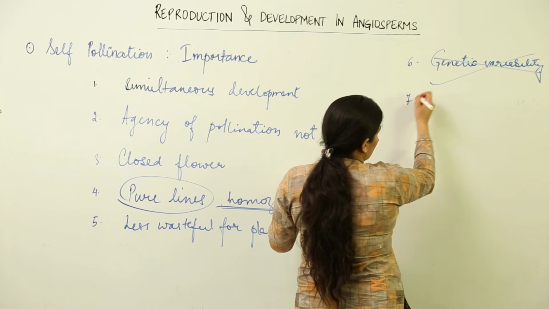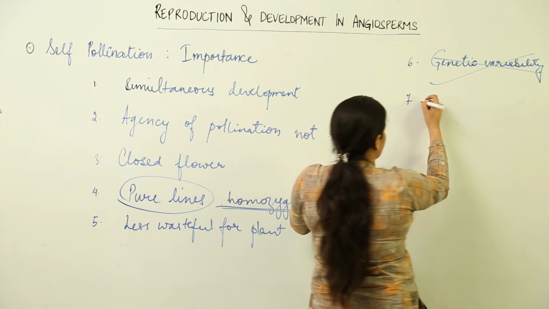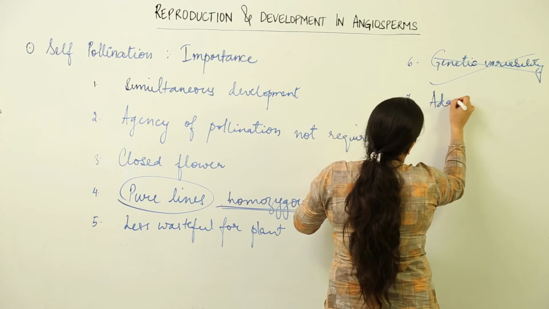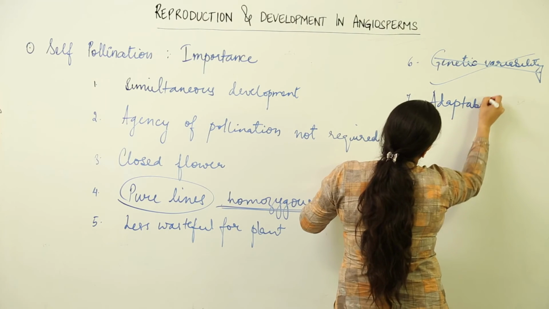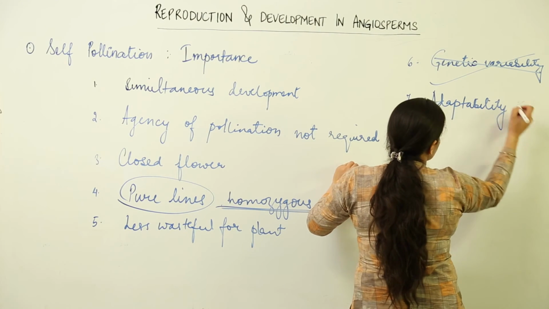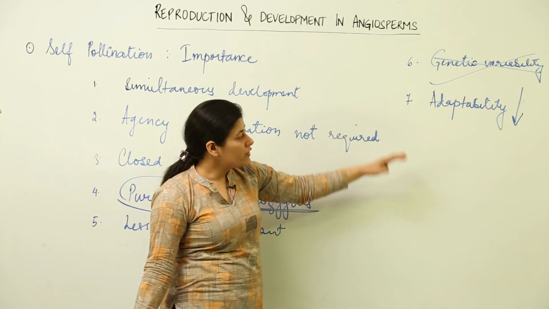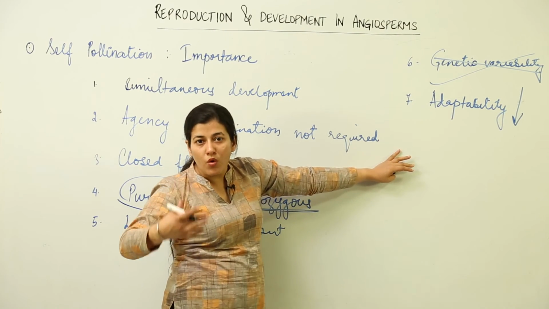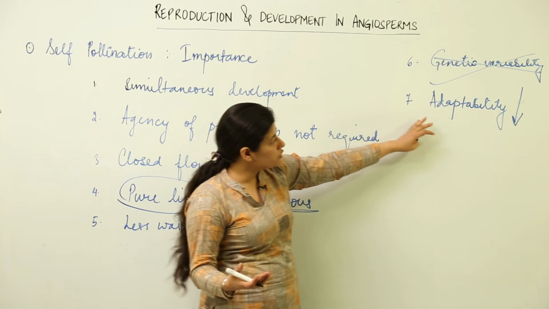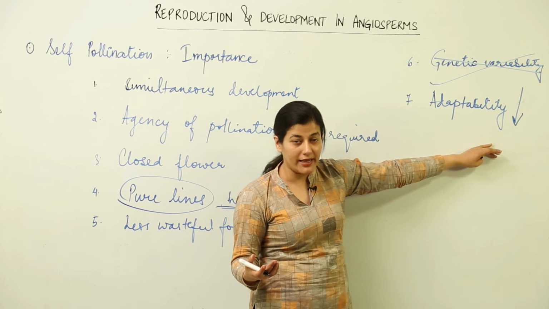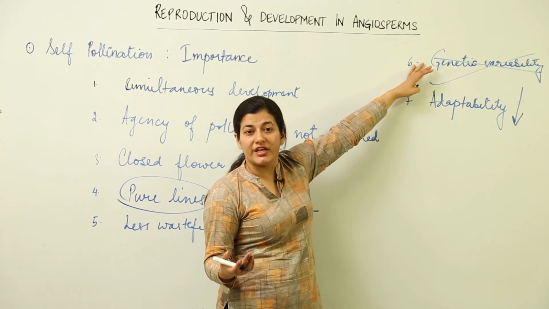As a result, the adaptability of the plant within various environments is going to decline with time. The offspring are going to be more and more pure lines, because of which the adaptability is going to decline, because there is no genetic variability.